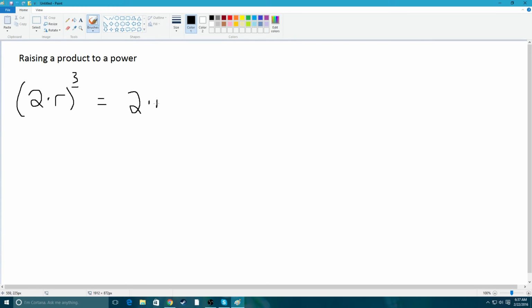So you got 2 times r times 2 times r times 2 times r. We can reorder these to put all the 2's together. So I'm going to switch the 2's around. This is 2 times 2 times 2 on the left, and r times r times r.